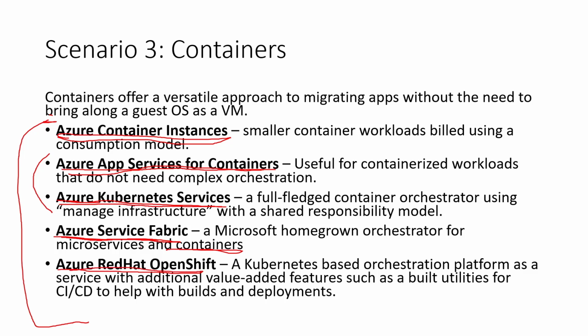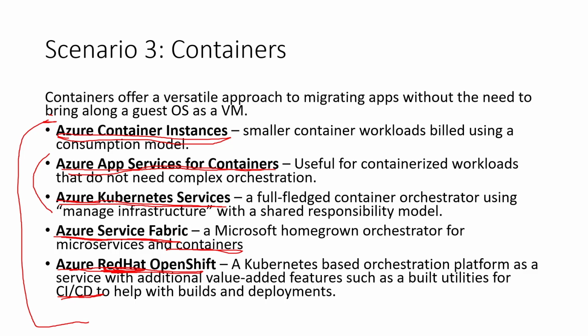This is Kubernetes with value add, but what Red Hat does in OpenShift is it does a lot more of the management of the cluster for you than what you get with Kubernetes services. In fact, it doesn't really even expose the infrastructure to you like Azure Kubernetes Service does. And there are also CI/CD tools and things like that baked into OpenShift.